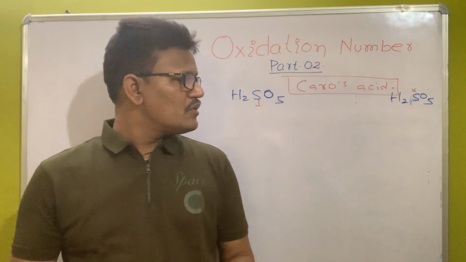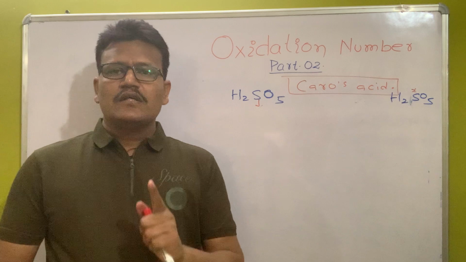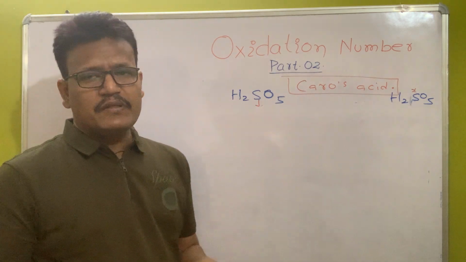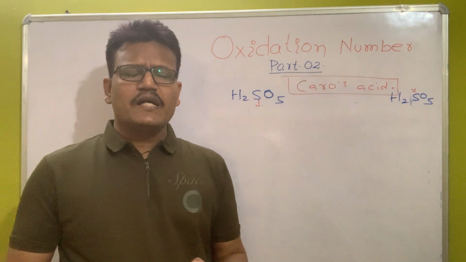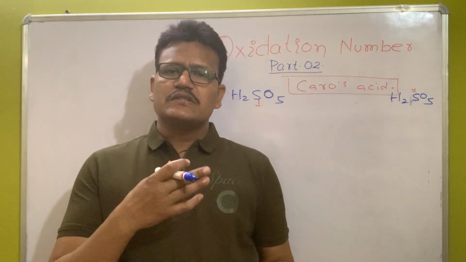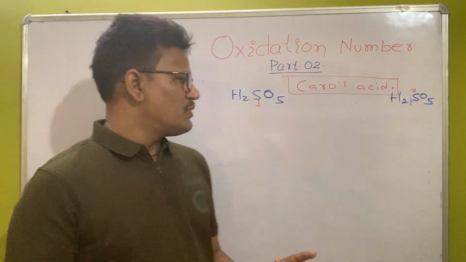So we have to know the number of peroxide bond in the given compound. So we have a ready-made formula for that. By using the formula, you can calculate the number of peroxide bond.